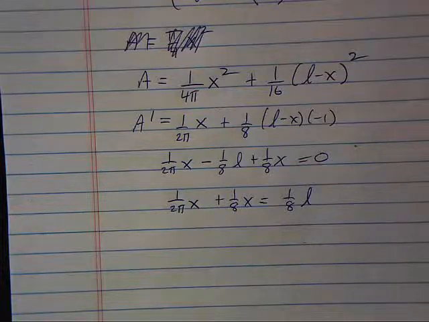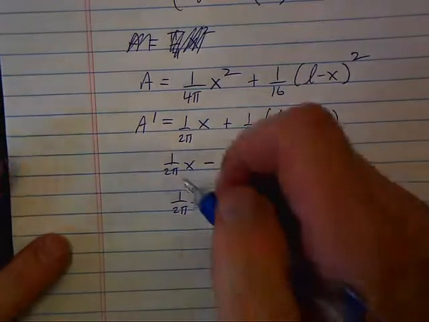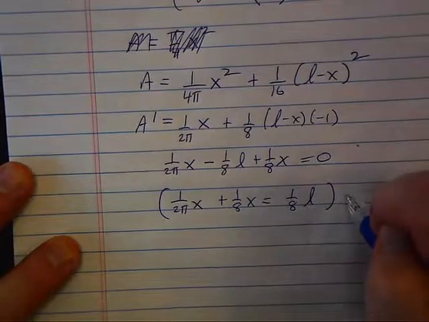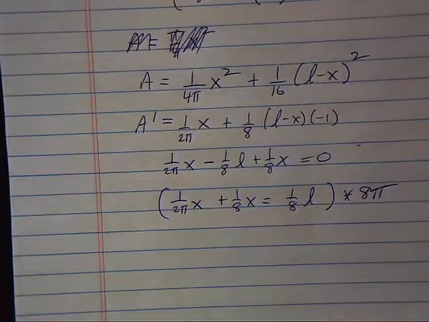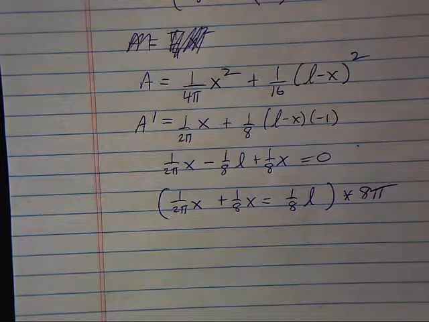Factoring out the x is correct. And then after you factor out the x, what would you do? You would divide by 1 over 2 pi plus 1 over 8. And that sounds kind of ugly to me. I think I'm going to take this whole equation and multiply everything by 8 pi. It's going to get rid of all the fractions for me, isn't it?